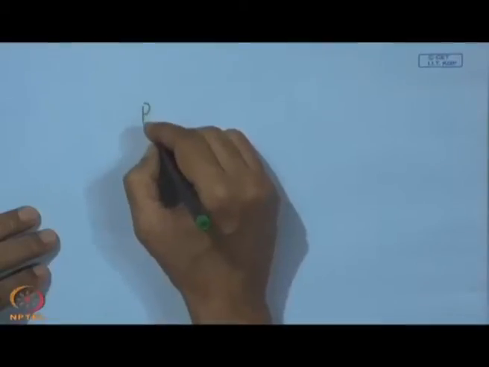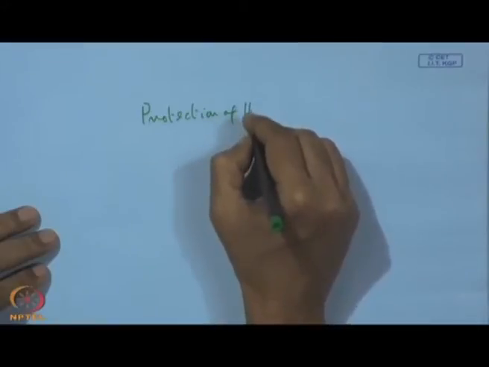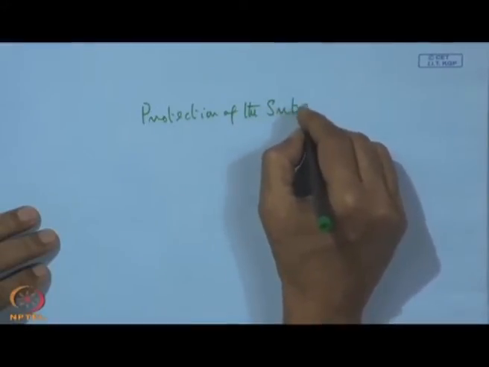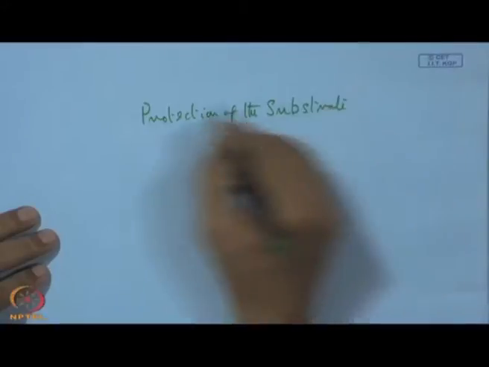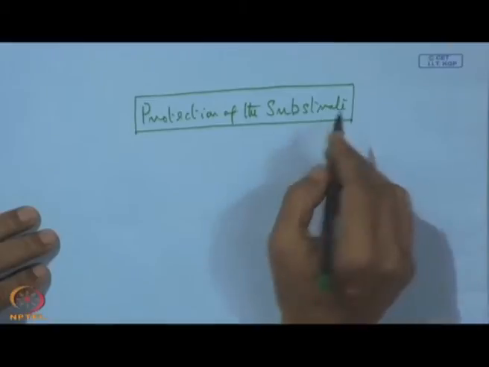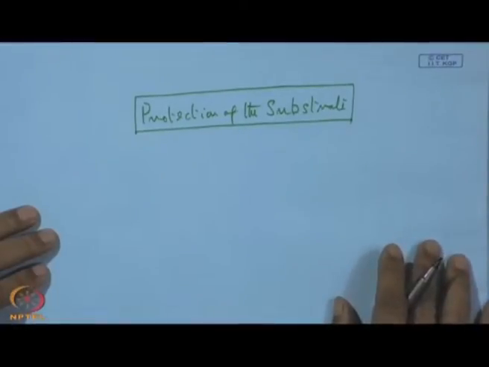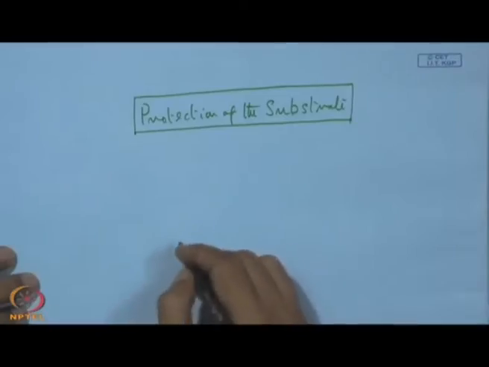It is basically protection of the substrate, that is understandable. However, there is another advantage which we have already seen in the sputtering process. That means in situ the substrate surface can be cleaned and without any contamination we can switch over to the actual deposition process. That means we can follow this way.